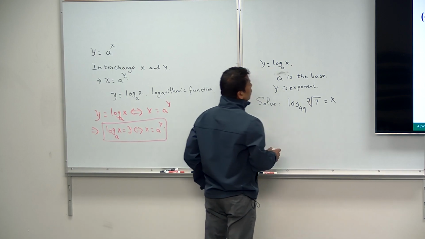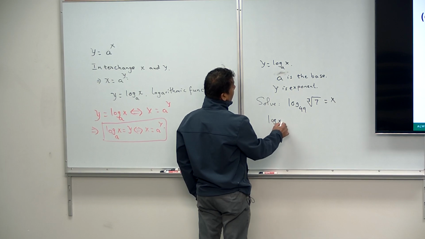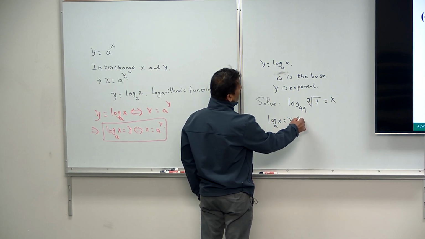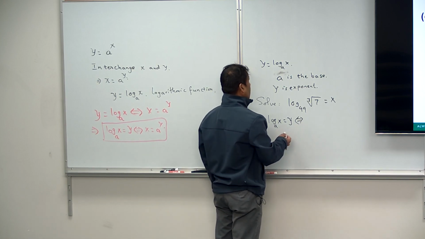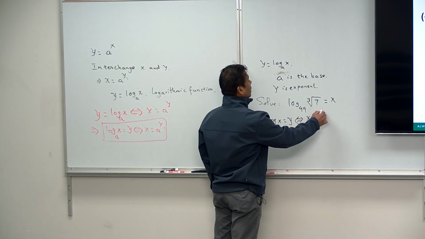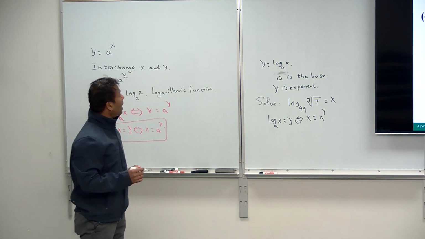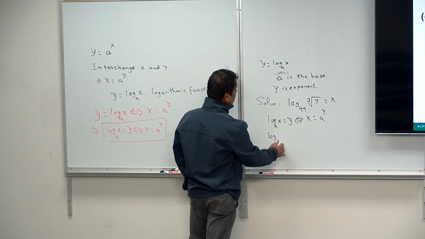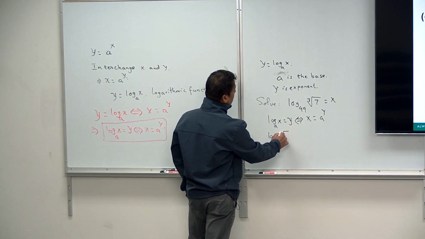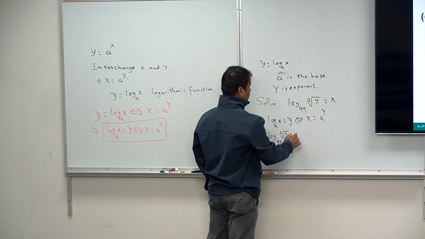So remember, if you have a logarithm with base a of x equal to y, this is equivalent, right? x equal to a to the power y, right? So now what do you have here? Logarithm with base 49 of cube root of 7 equal to x.